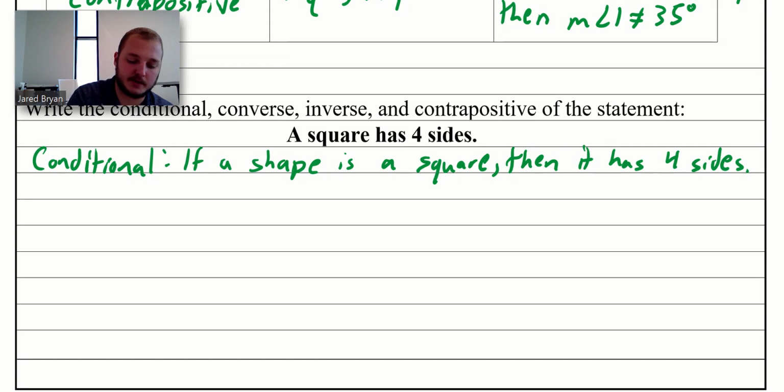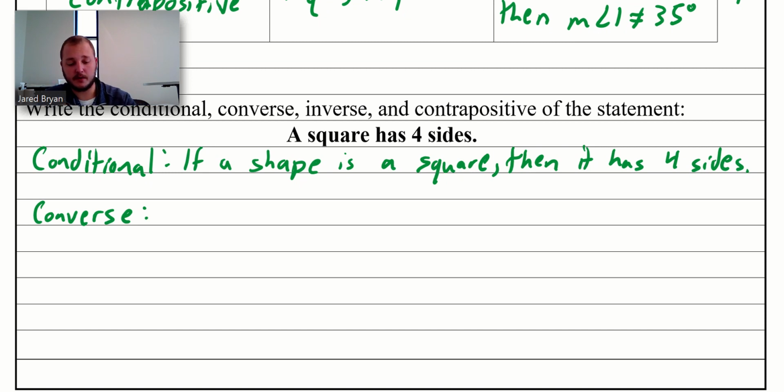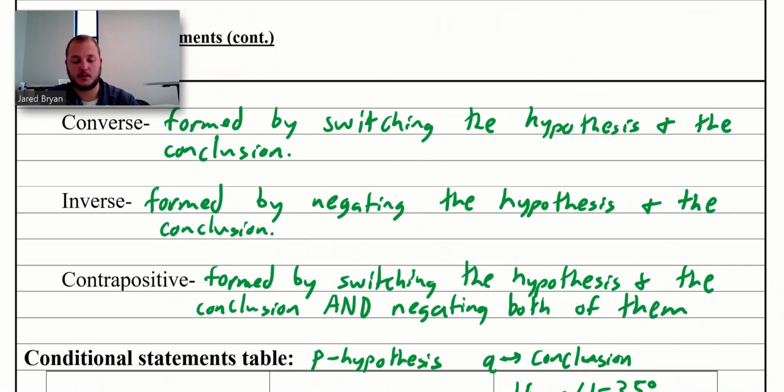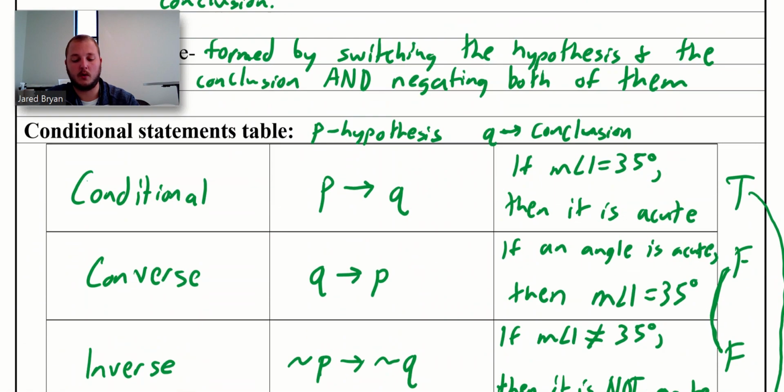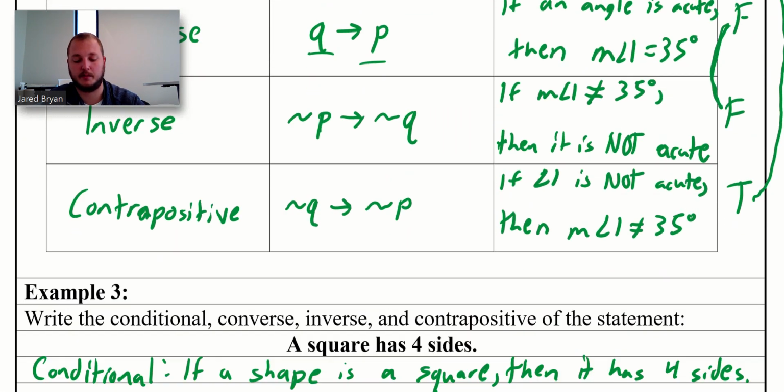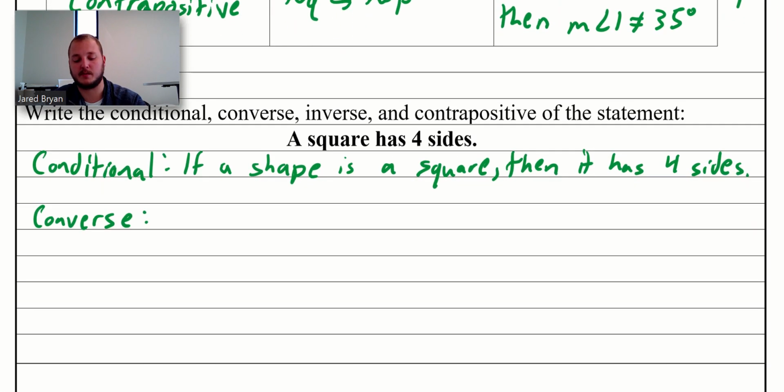Next piece here, converse. I can do one of 2 things if I'm trying to figure out how to write the converse of a statement. Either I can go to the definition that we wrote earlier and say it's formed by switching the hypothesis and conclusion, or I can go to my table here and say here's the original conclusion, here's the original hypothesis. Whatever makes more sense to you.